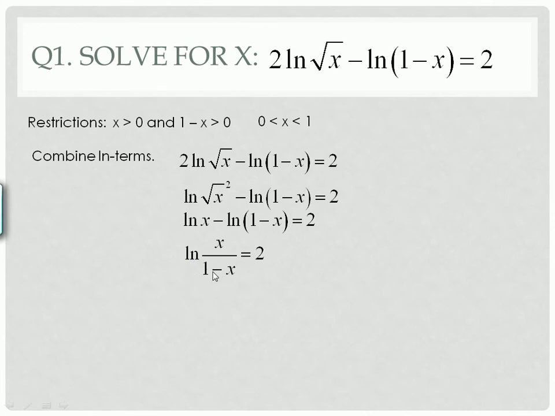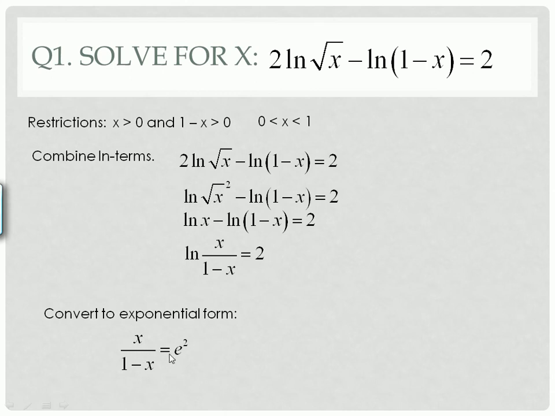And to do that, you can apply the exponential e to both sides. Essentially, you'll have e to this natural log of x over 1 minus x equals e to the 2. And e to this natural log, those are inverses of each other and cancel each other out, to leave you with just x over 1 minus x is equal to e squared.